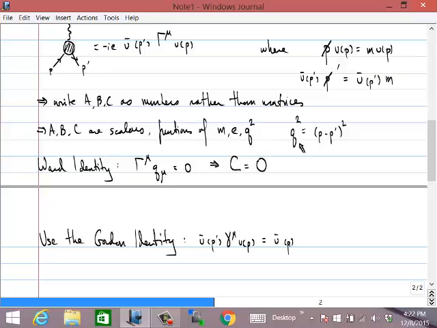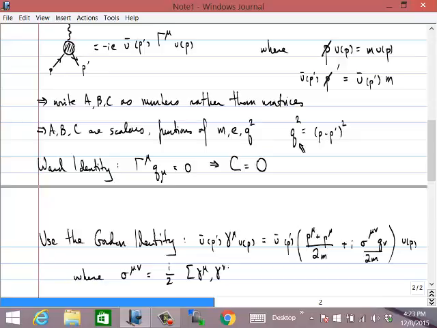And it says that if you sandwich a gamma matrix between two spinors that solve the Dirac equation, then you get (p mu plus p mu prime) over 2m plus i sigma mu nu q nu, where q nu is p nu minus p nu prime, over 2m, times u of p, where sigma mu nu is the commutator between two gamma matrices, which is the generator of a Lorentz boost in the Dirac representation.